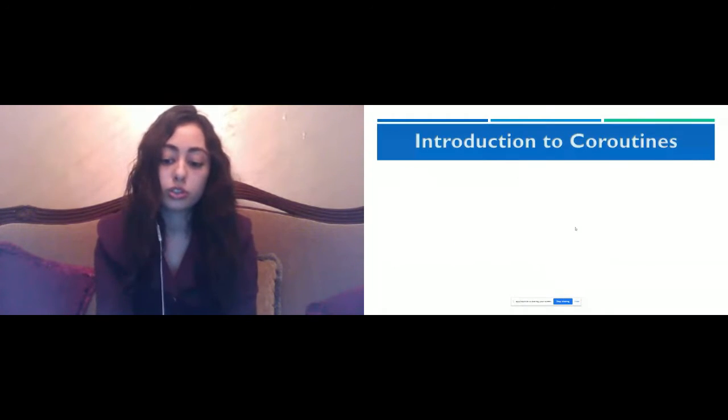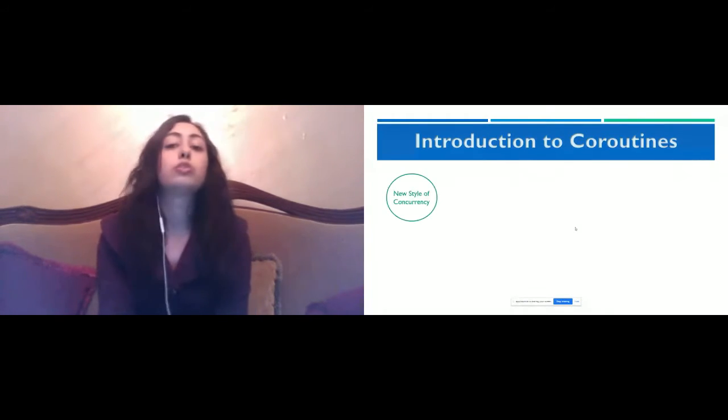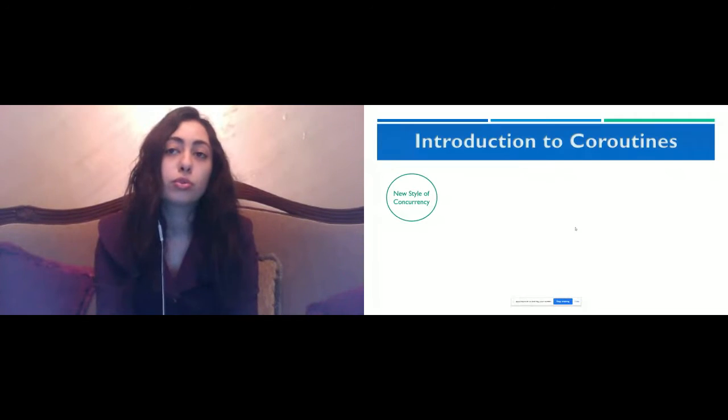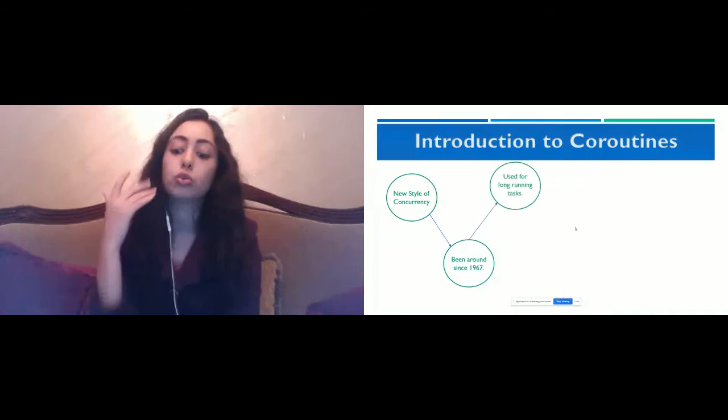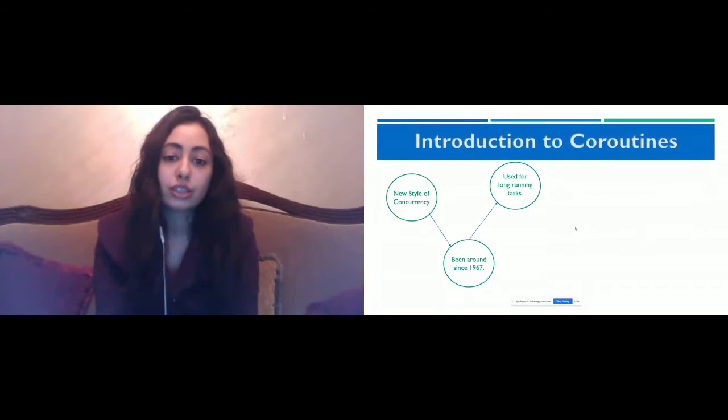What about coroutines? Coroutines are a new style of concurrency developed way back in time. It has been around since 1967. Many languages have implemented it: JavaScript, Go, Ruby, and so many other languages. Now Kotlin has implemented coroutines, and they are used for long-running tasks.